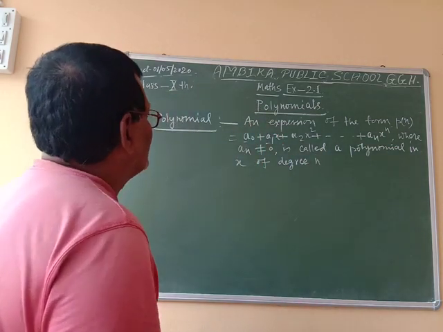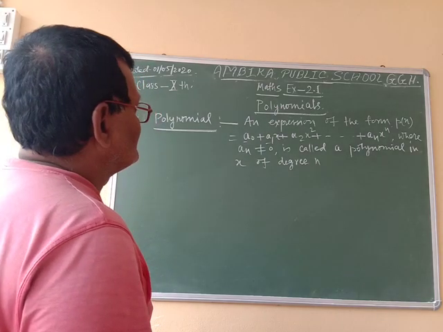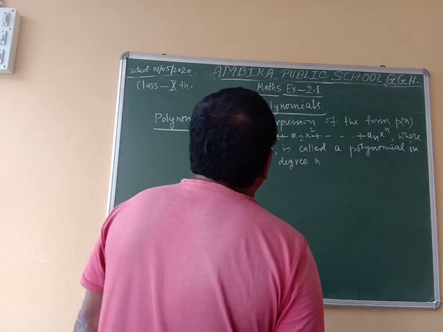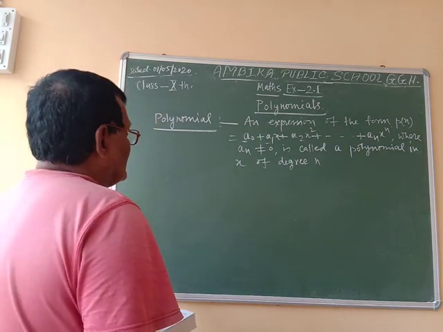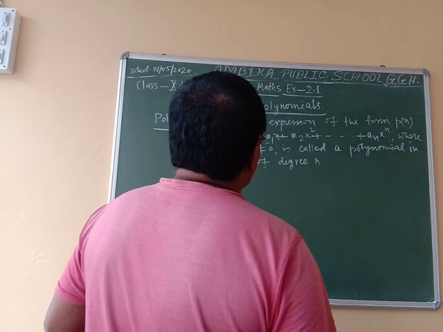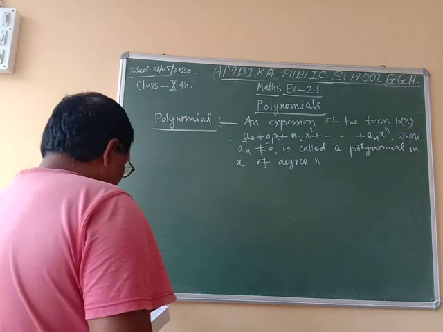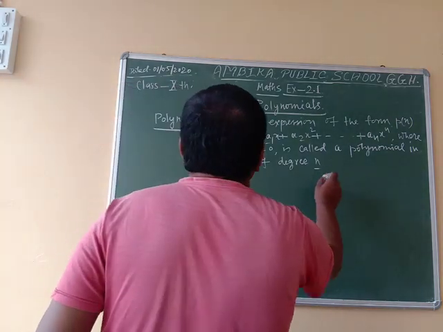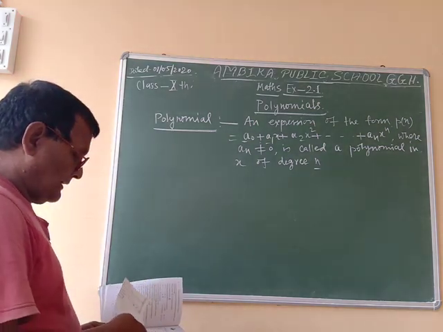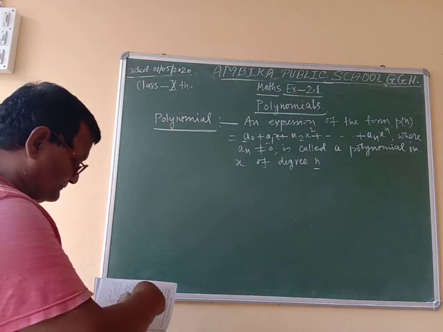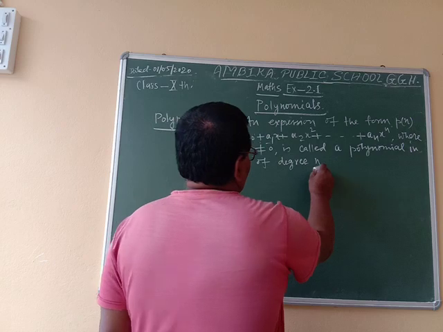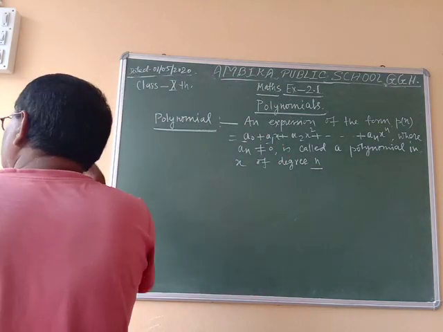In the given expression, a0, a1, a2, an are called real numbers, and each power of x is a non-negative integer. A polynomial has so many terms.